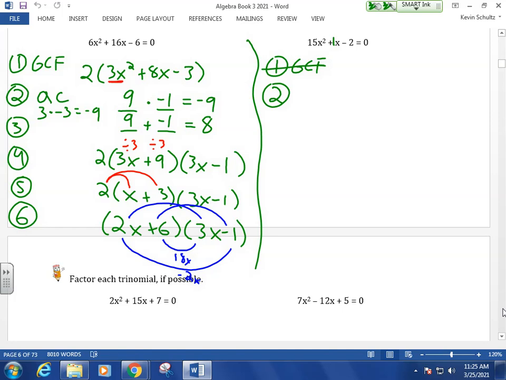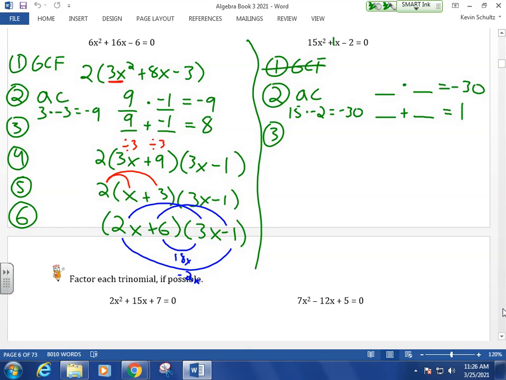Step 2, multiply A and C together, which is 15 times -2, and that gives us -30. So step 3 now, two numbers that multiply to make -30. Those same two numbers add or subtract to be 1.